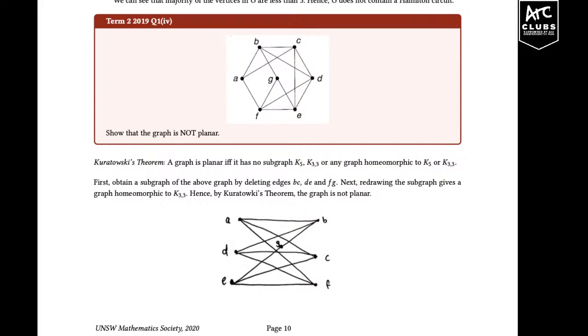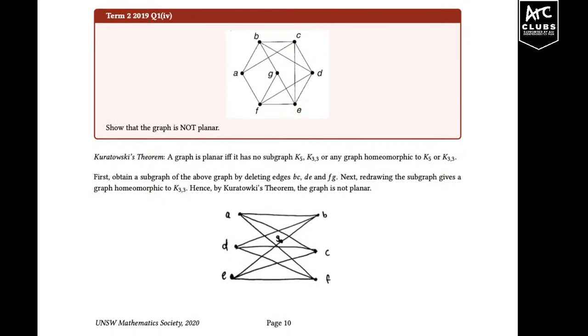For this question here, we first obtain a subgraph by deleting edges BC, DE, and FG. Once we've deleted these edges, we can move our vertices around and redraw our graph to give this graph down here.